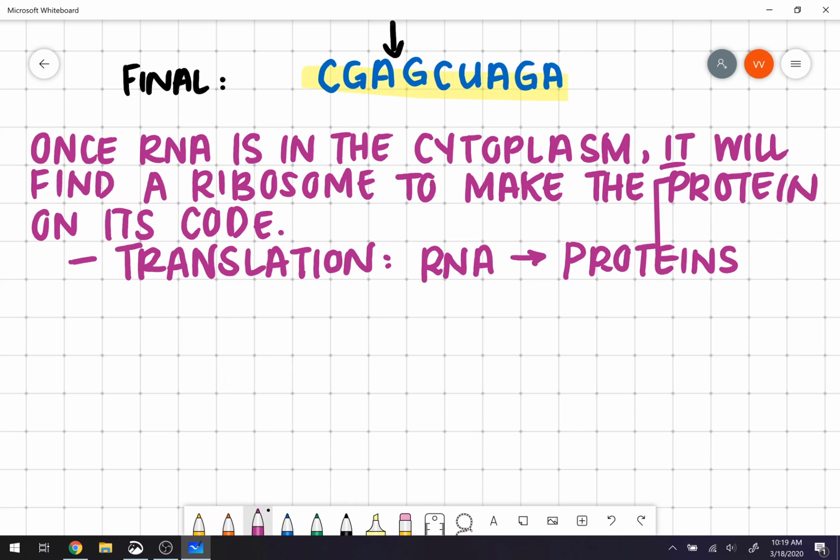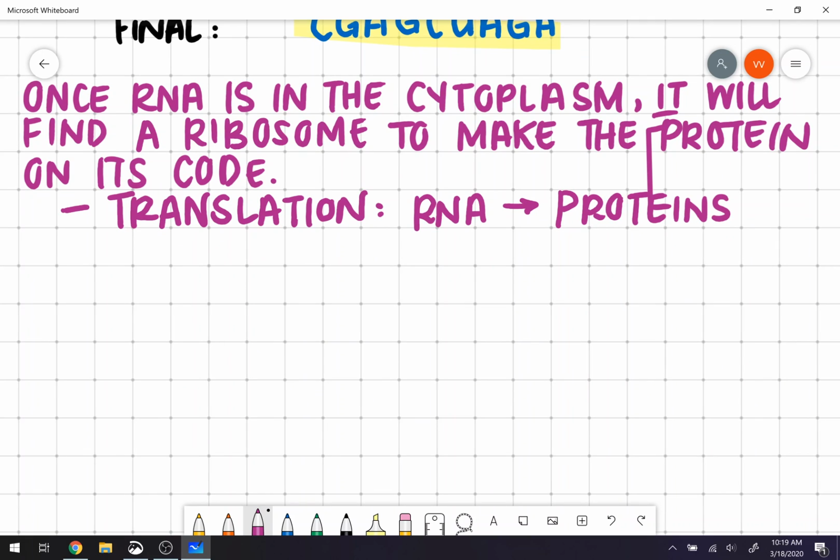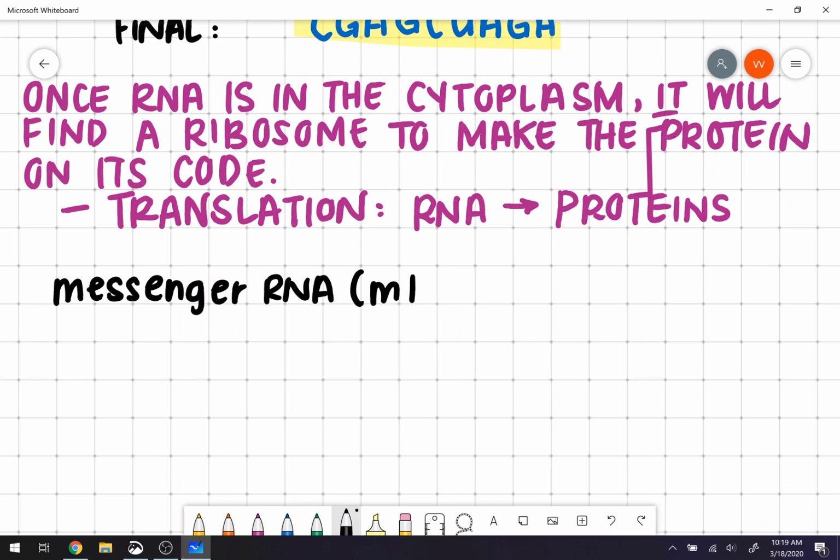Okay, anyway, so translation, going from RNA to proteins. What you're going to have is your 3 types of RNA working together in order to make this work. You have your messenger RNA, otherwise known as mRNA, which has the instructions.